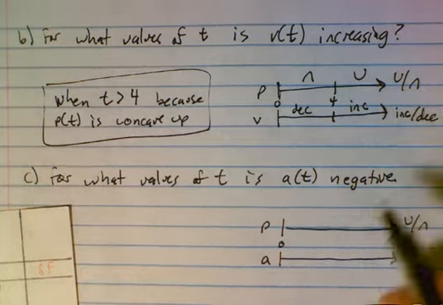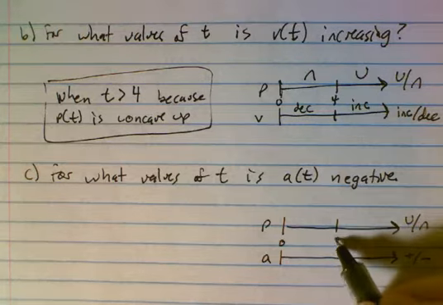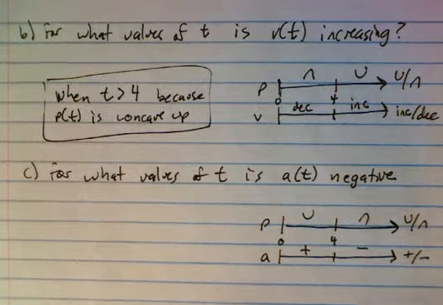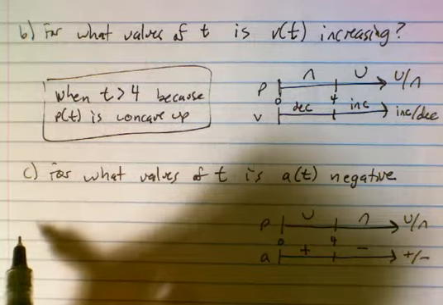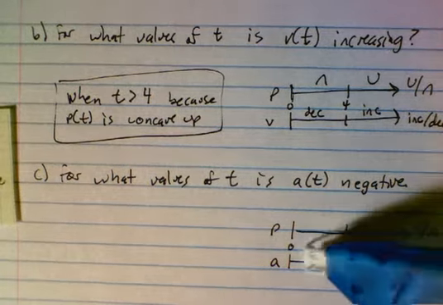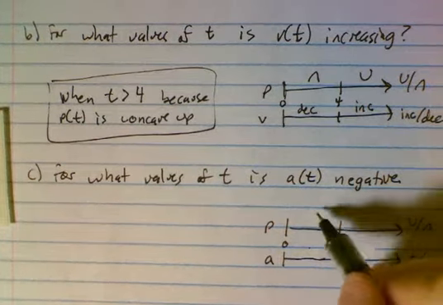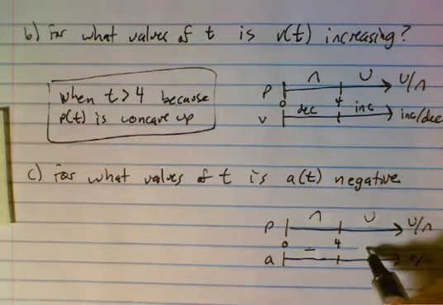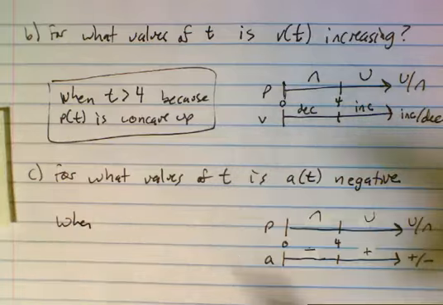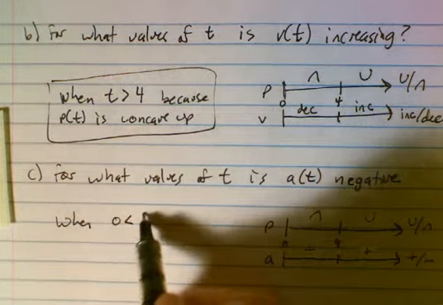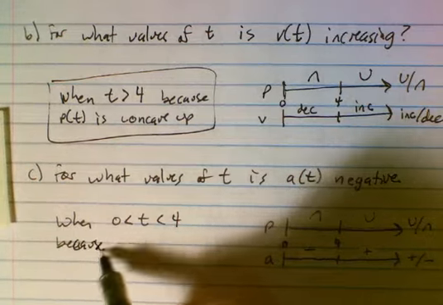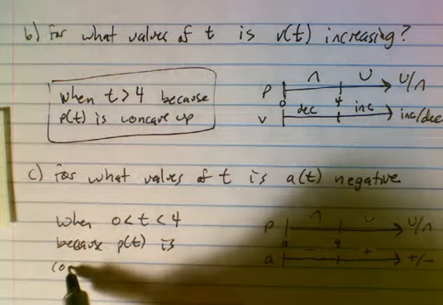So just like we did in the previous one, only now it translates into plus and minus. Oops, I reversed that. A of t is negative when t is between 0 and 4 because position is concave down.